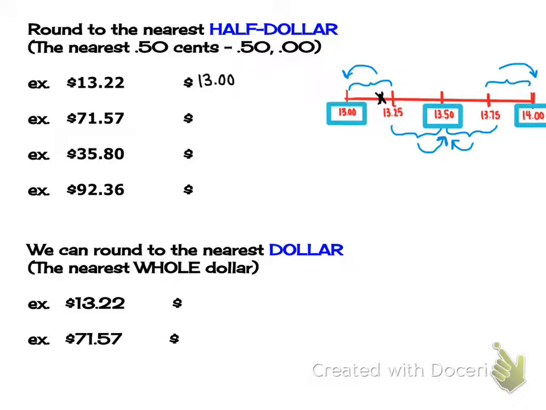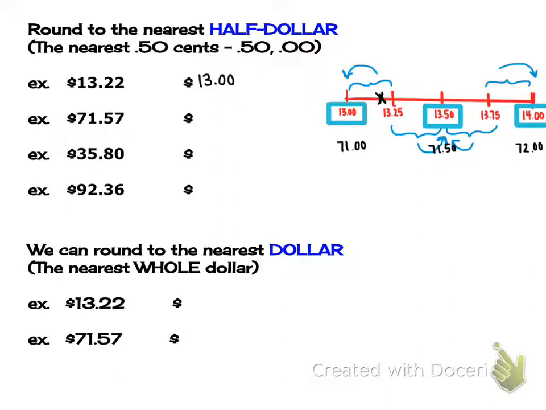All right, let's look at the next one, 71.57. So that would mean looking at this number line and saying that this is 71. This is 71.50. And this is 72. Those are the closest half dollars.